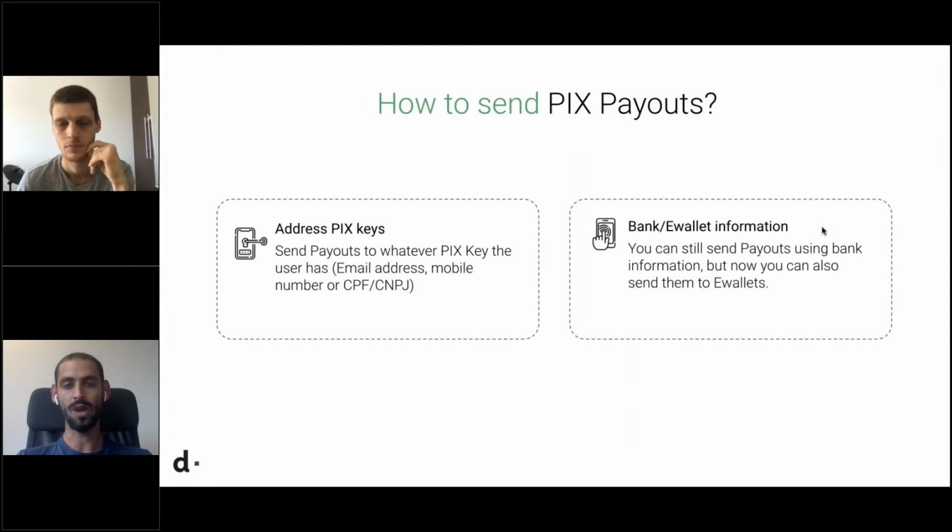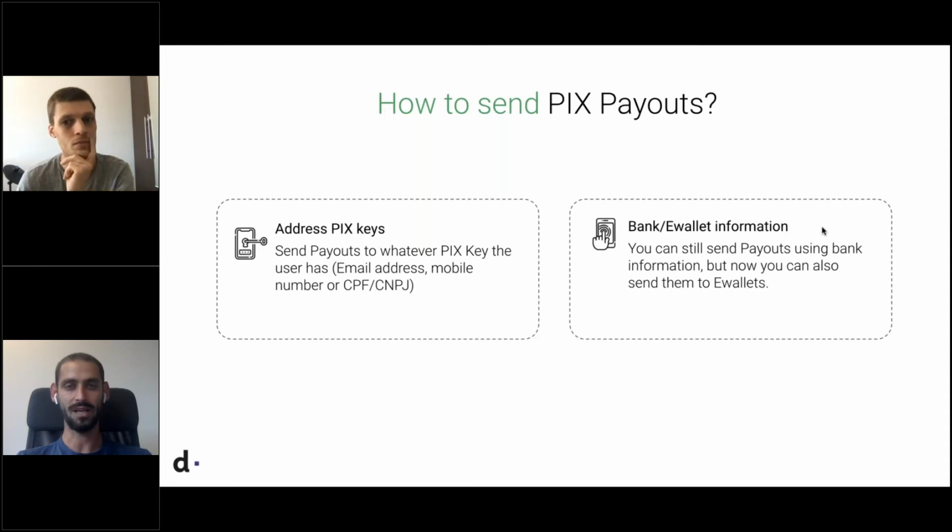So how can you send PIX payouts? One of the ways is using these addressing keys, the PIX keys. Each user can register different keys, as many as 5 of them. They may be an email address, mobile number, or their local tax ID, CPF or CNPJ. And you can have more than one email address, for example, or more than one mobile number.